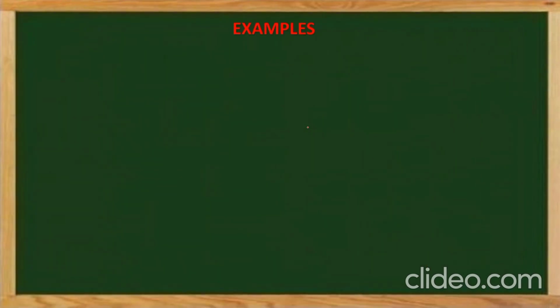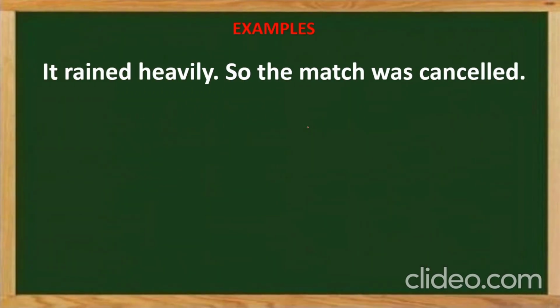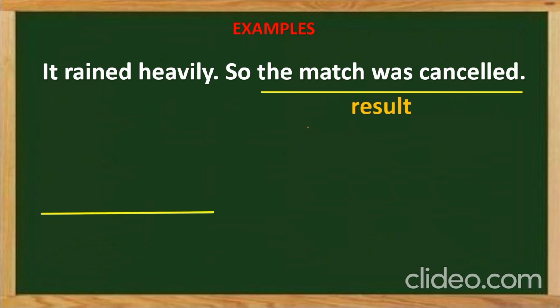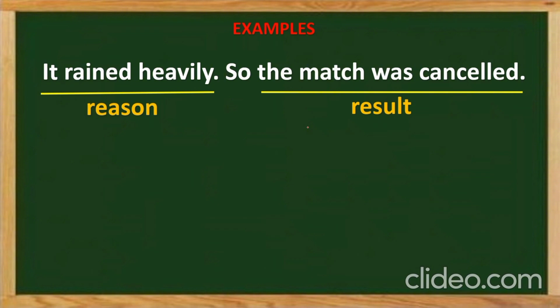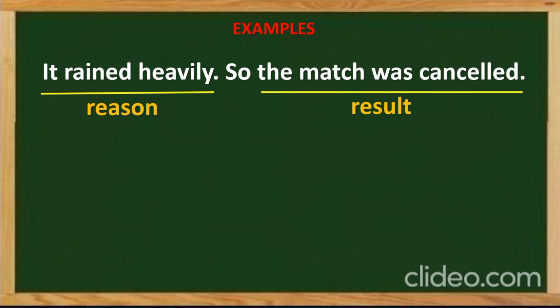So let us see how to combine these two sentences by using these three words in between the sentences. The main thing, whenever you are asked to combine sentences with these three words, is that if you can identify the reason and result, then it will be very easy for you.